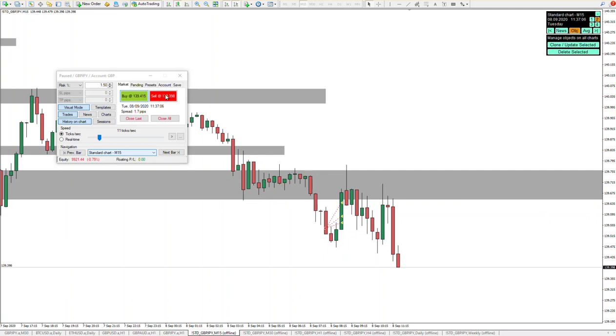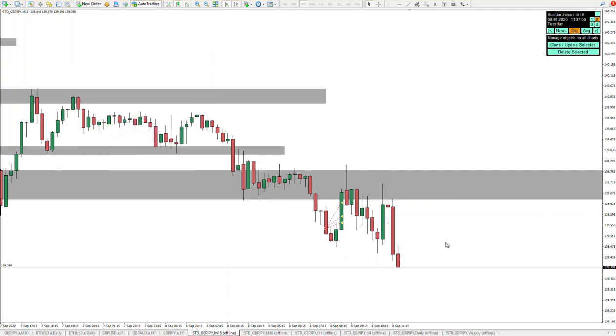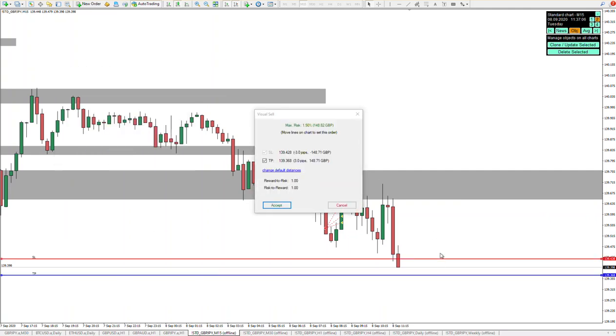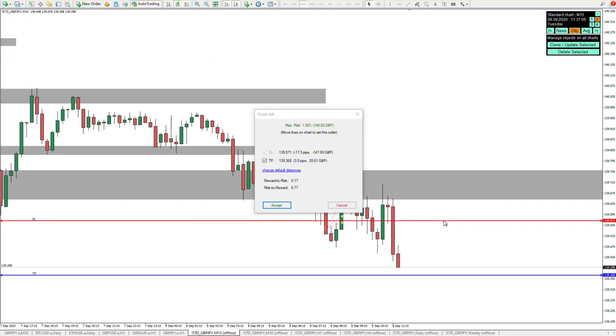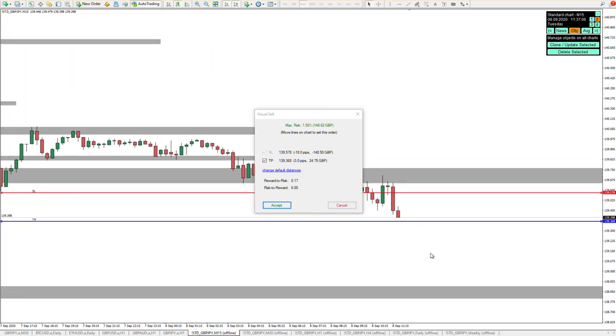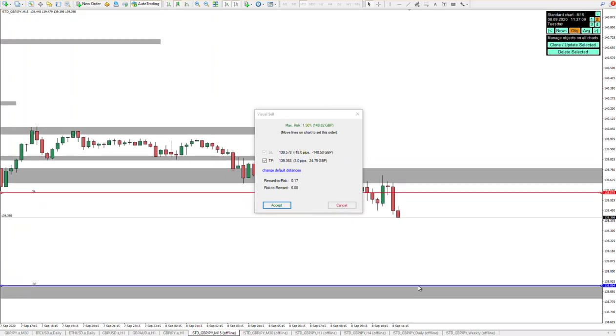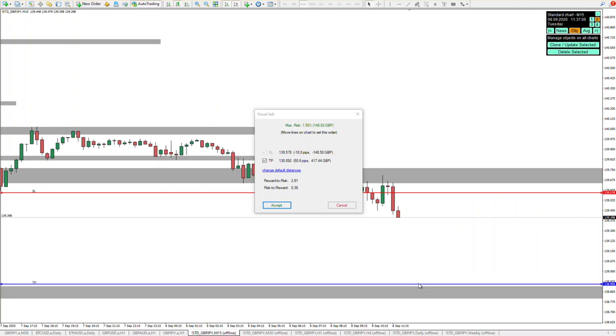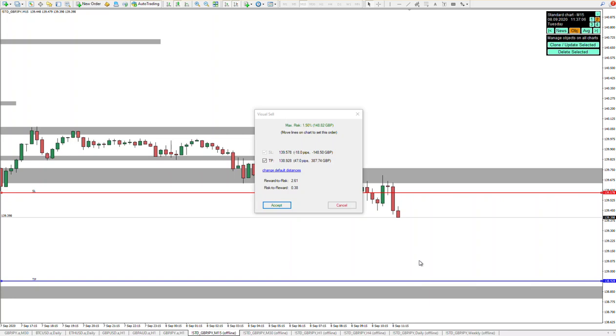That should work. Like that. And I would like to have this 3 pips above 92.8. Okie dokie.